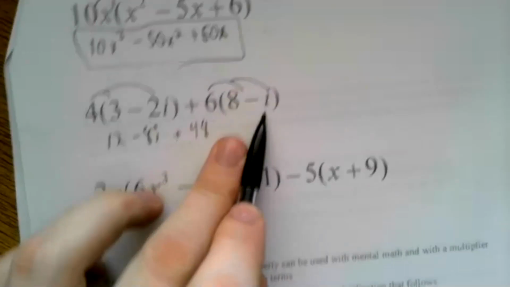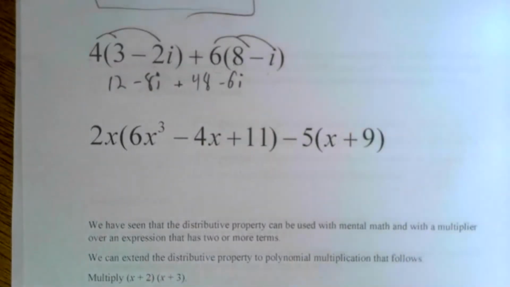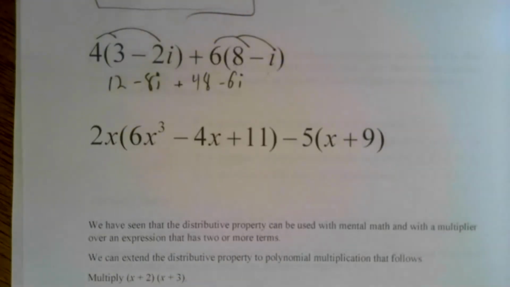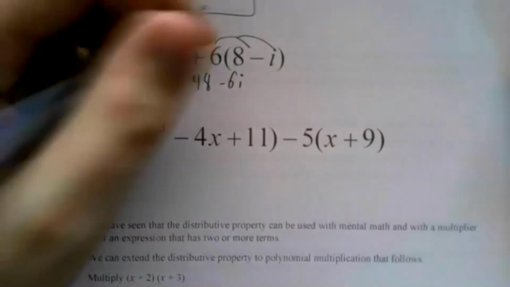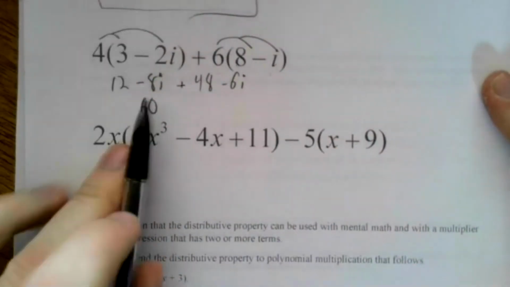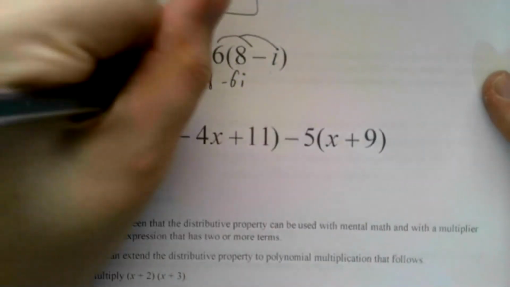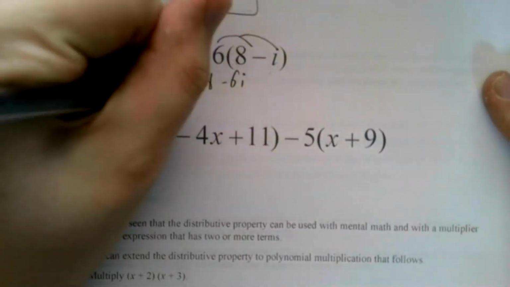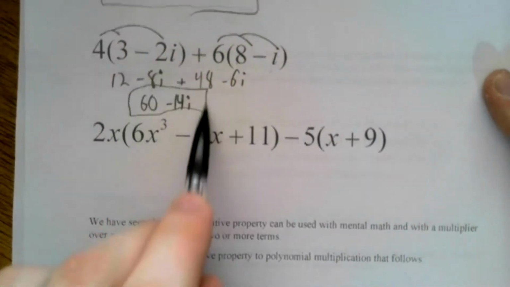And then 6 times negative i, we get a negative 6i. Can we do anything else with this problem? Bring the like terms together. Yep, we can combine the like terms. So we get 12 plus 48, which is 60. And then we get negative 8i minus another 6i. So we get negative 14i. Yep, and that's simplified as is.